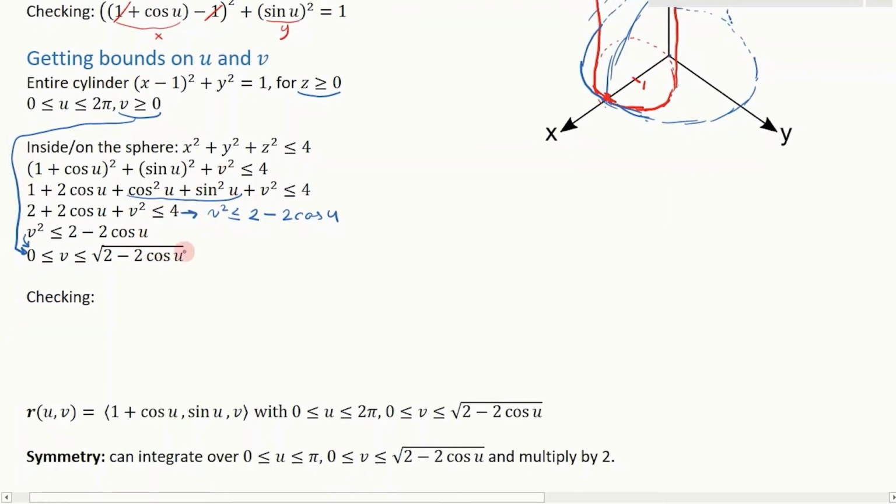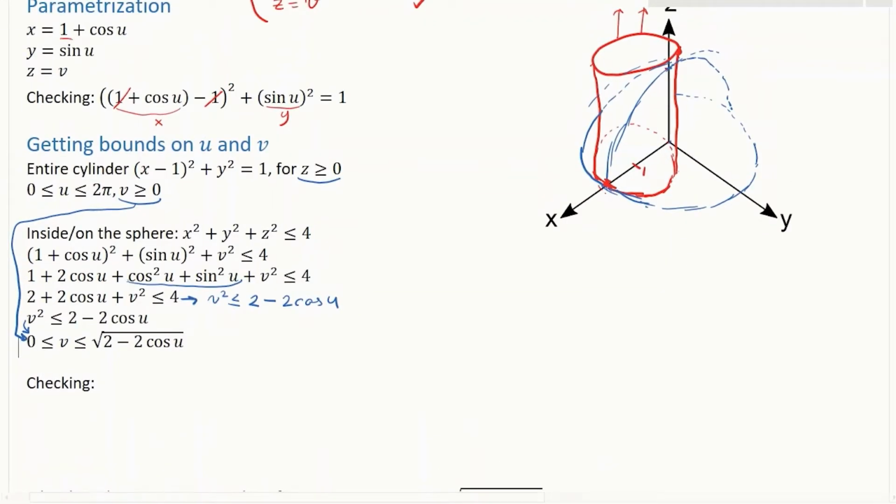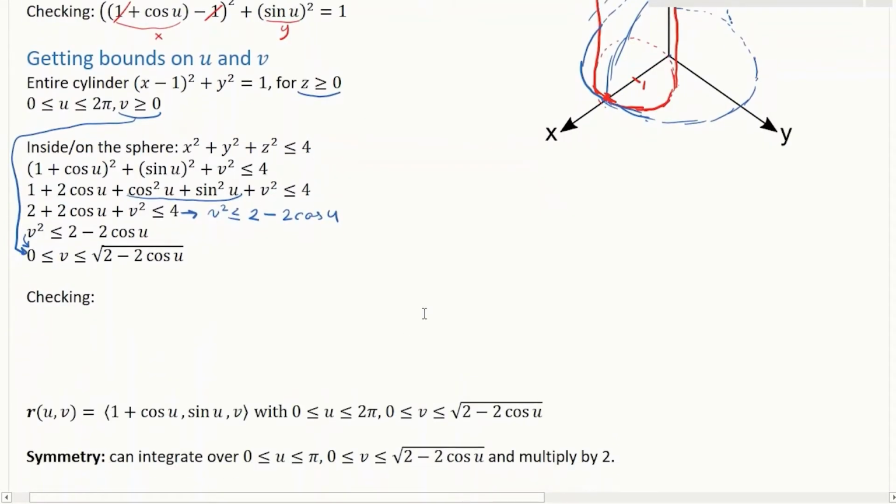Let's do a sanity check to make sure this is reasonable. Let me sketch this bound as a function of u.